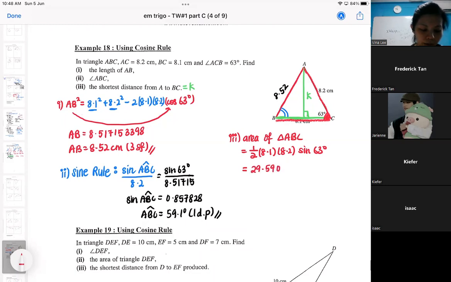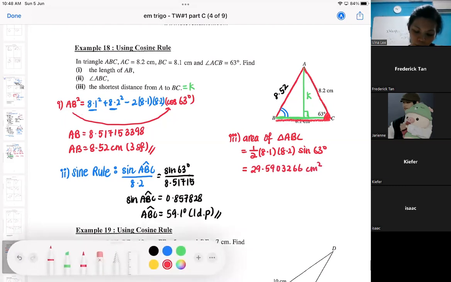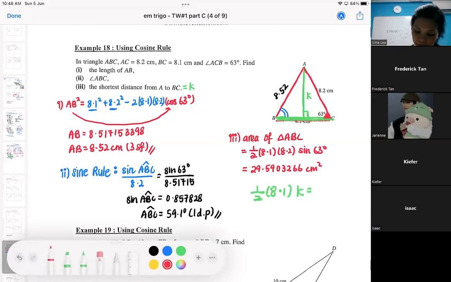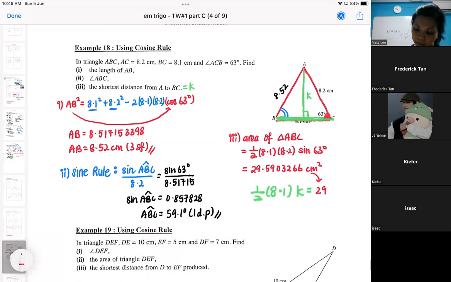So when you use this formula, this is not your final answer. Then do your half base times height. So this question uses up all the formulas that you have learned: half AB sine C, sine rule, cosine rule.